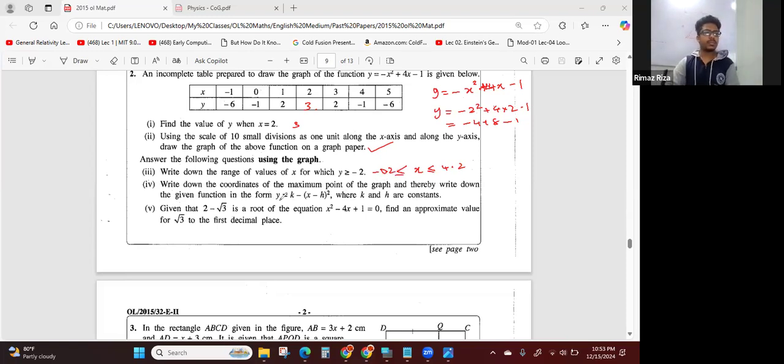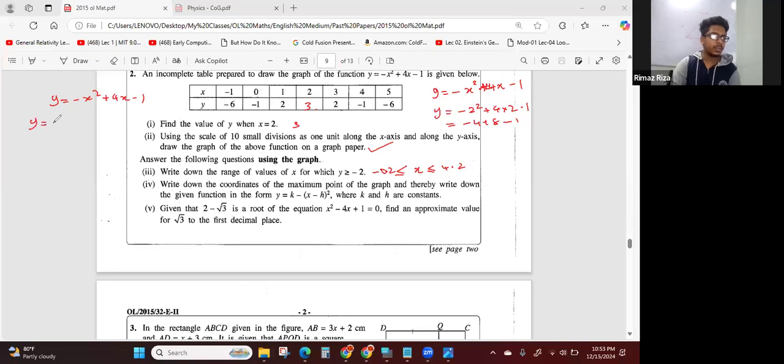And then, given the function in the form with k and h constants, write down the coordinates of the maximum point. So to write the maximum point, you have to take this graph function y equals minus x squared plus 4x minus 1 and complete the square.